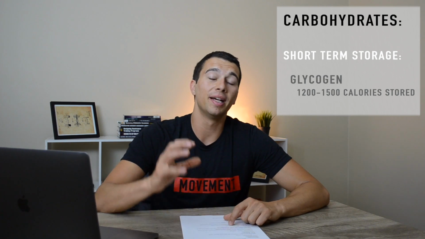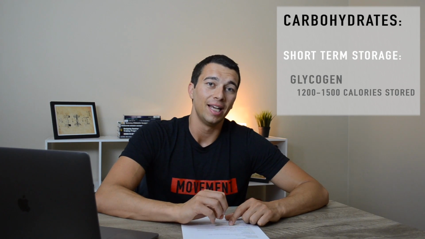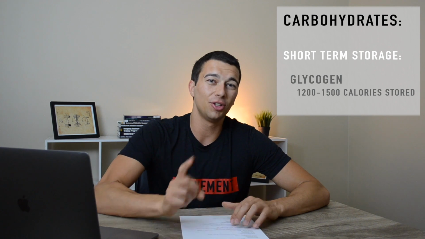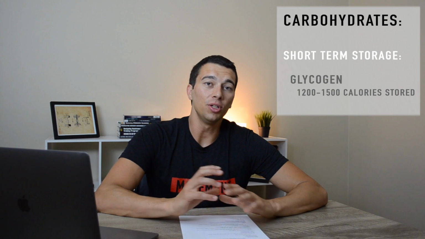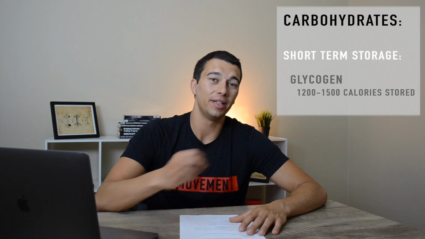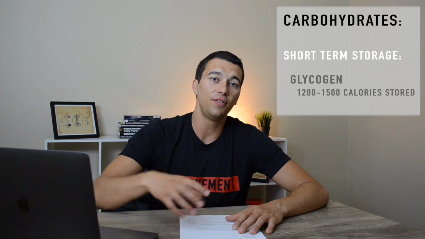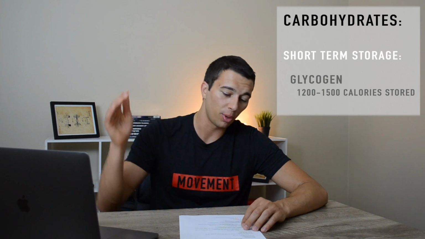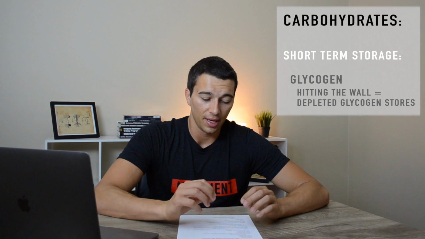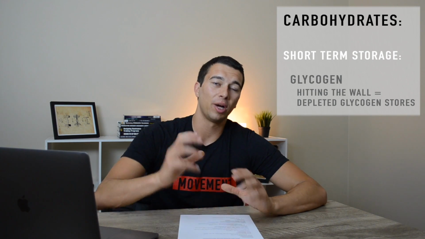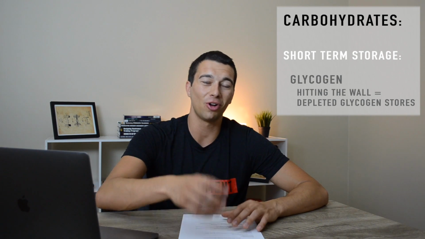And that's really important because if you figure running 1 mile is about 100 calories, and say you're running a half marathon without fueling and without consuming food during it, you would burn right through your glycogen, and that's what we call hitting the wall. So this is why it's important that we have recommendations for athletes in terms of consuming carbs to replenish glycogen or save the glycogen stores during a workout.